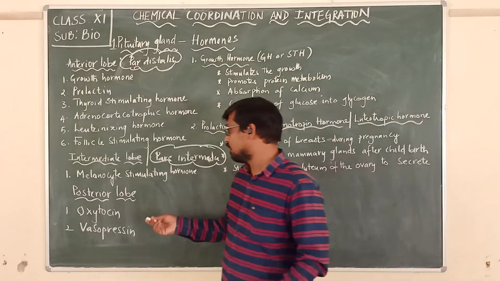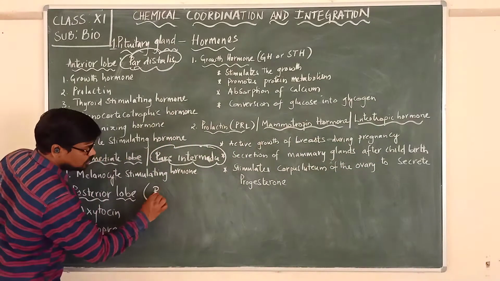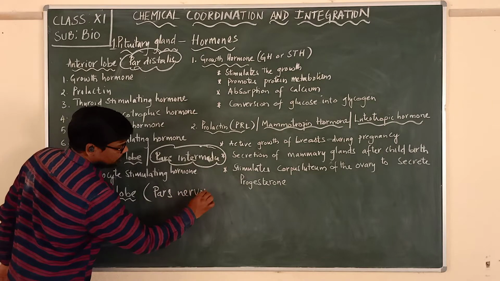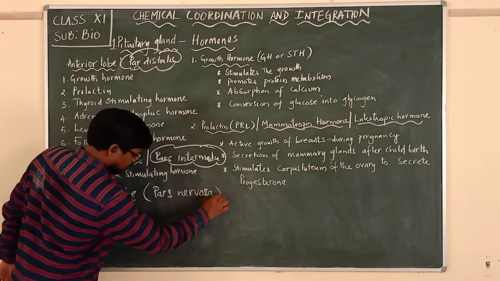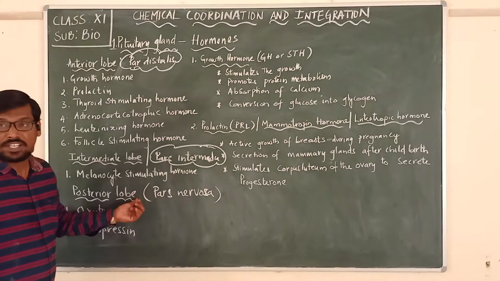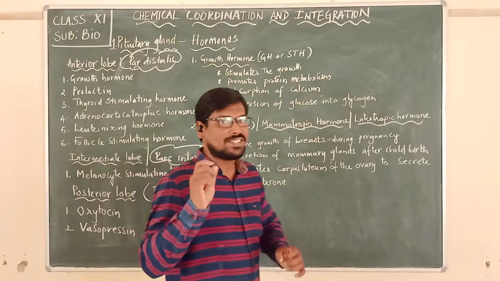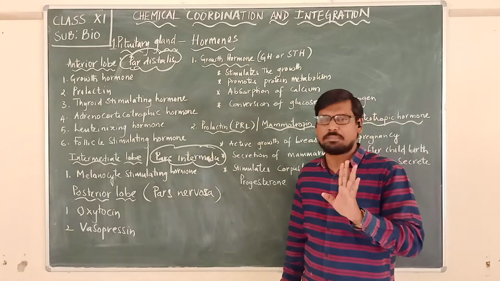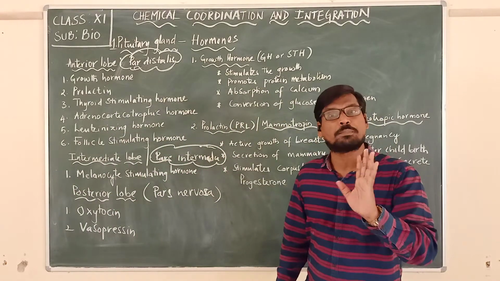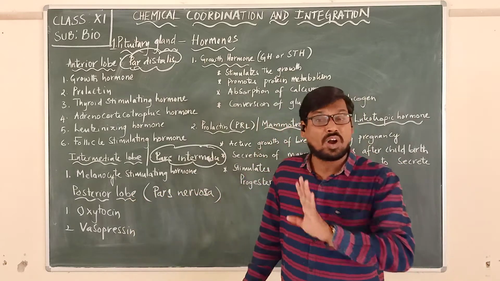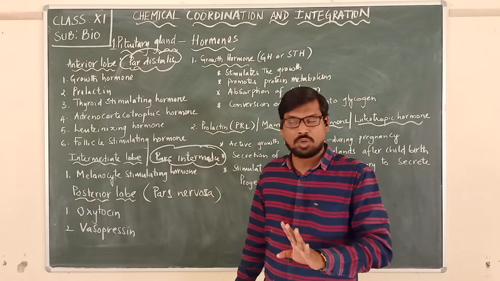The posterior lobe is also called pars nervosa, or the neurohypophysis. As we stressed in the previous video, please remember that hormones are not produced from the posterior lobe.